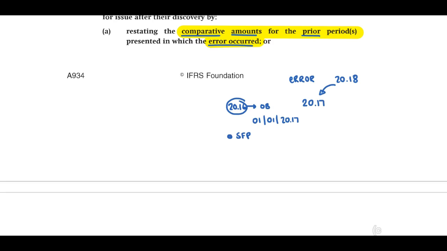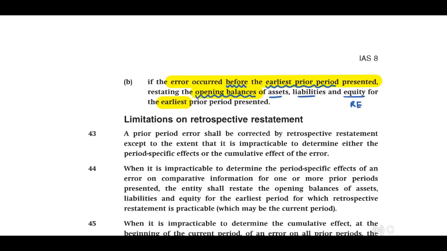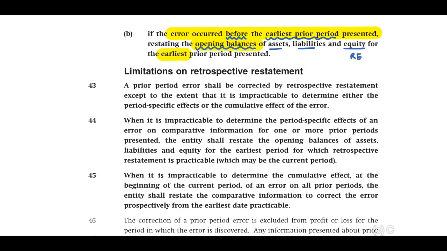Therefore we will have to correct our 20.17 year-end figures and we need to correct our 20.16 year-end figures, which will influence our opening balance on 20.17. Guys, when you read B, if the error occurred before the earliest prior period, which is 20.17, restating the opening balances of assets, liabilities, and equity. Therefore, statement of financial position.